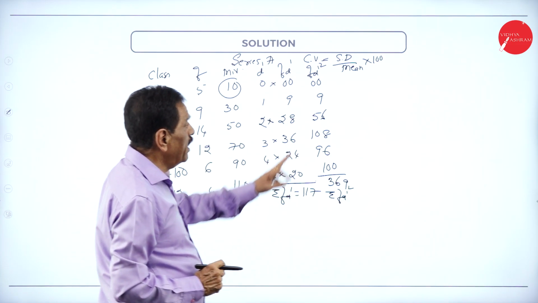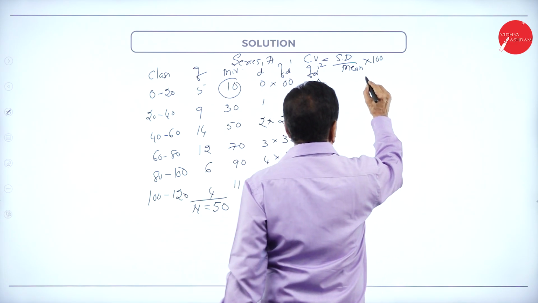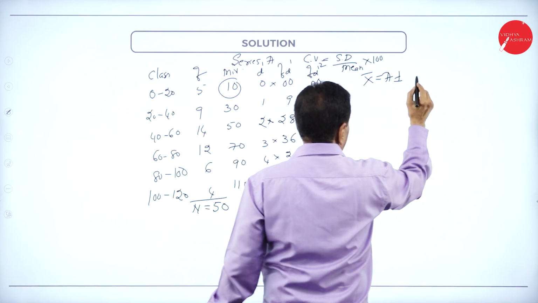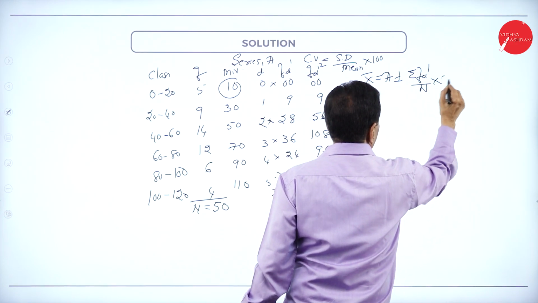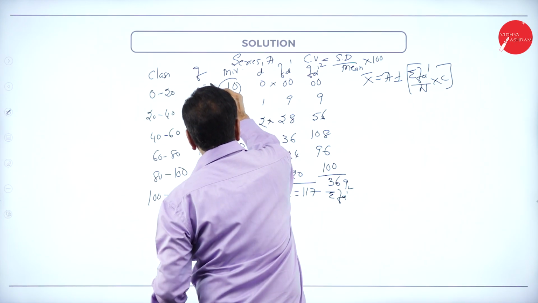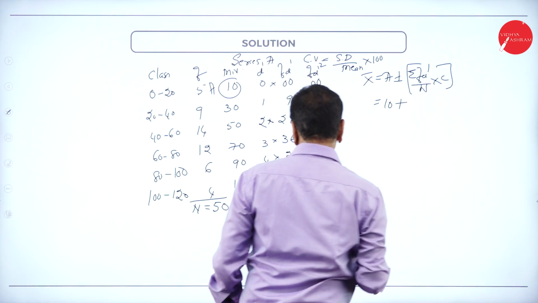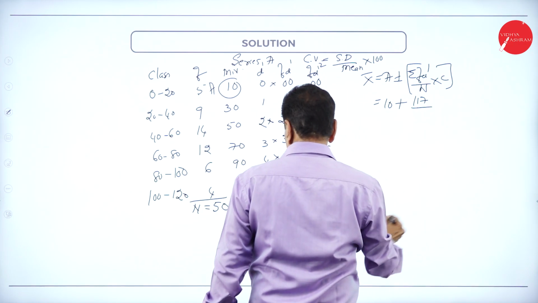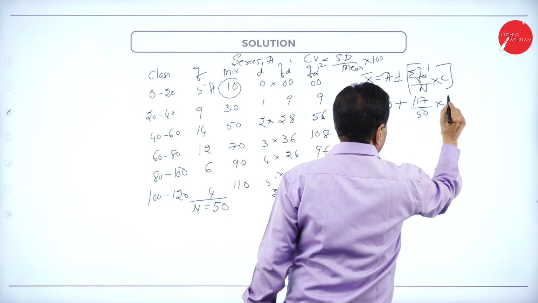So what we require: one is the standard deviation, one is the mean into 100. We'll go with the mean first. Mean is equal to A plus sigma fd dash divided by n into c. What is assumed here? This is your assumption, 10. What is fd dash? 117 divided by 50 into class interval, 20.